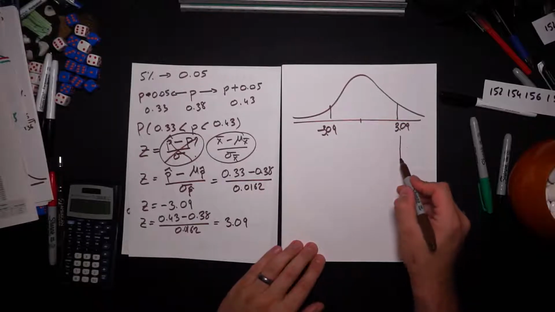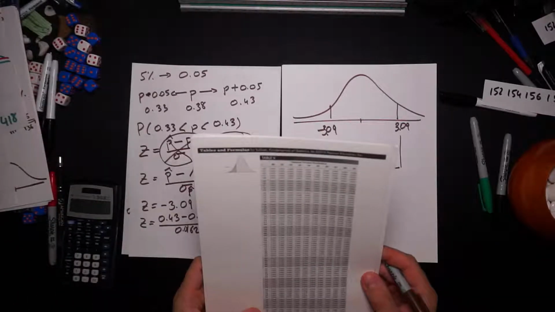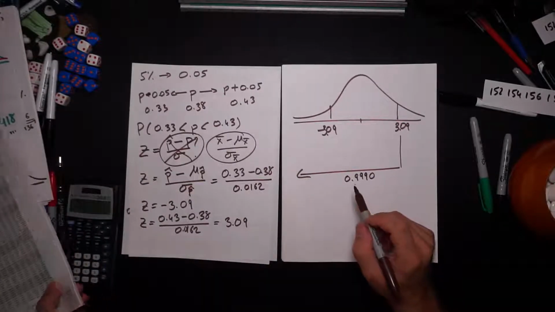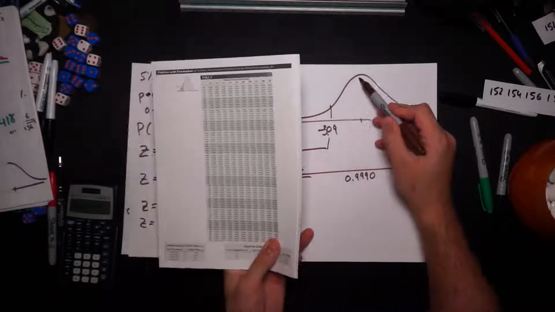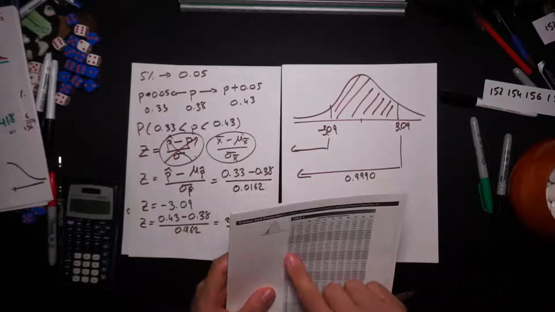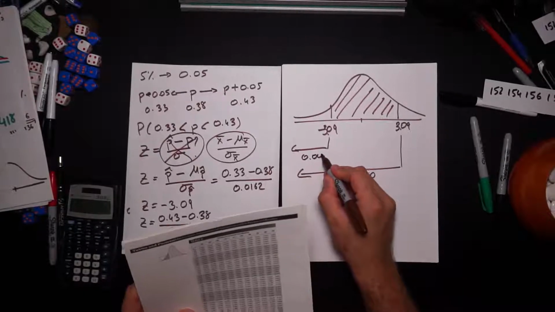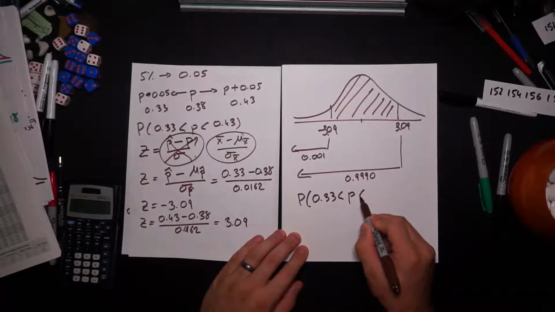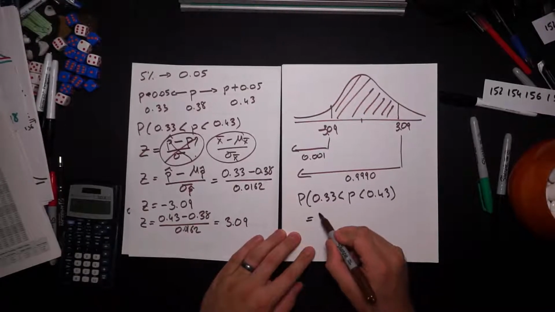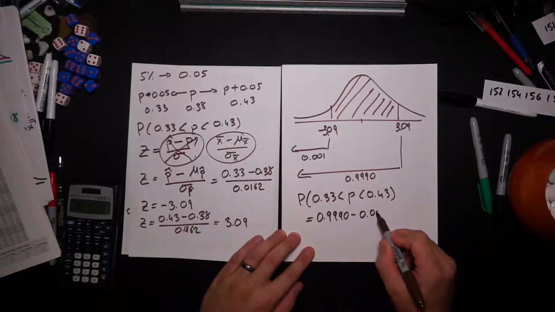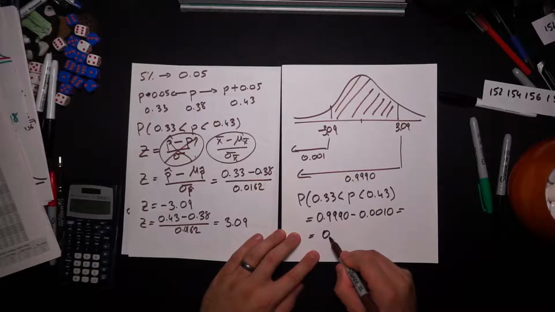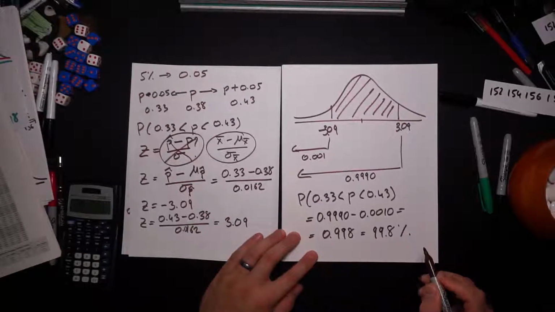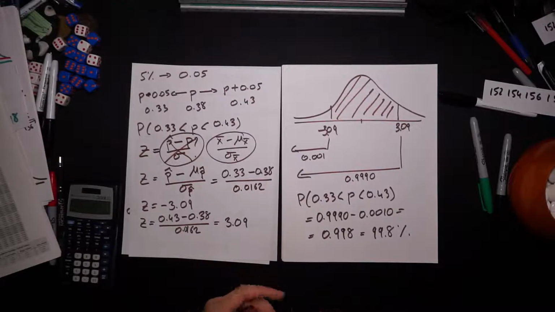And so let's look at this probability, because we're looking for this area, negative 3.09. Right, within 3 standard deviations, 99.7. So this is about right.